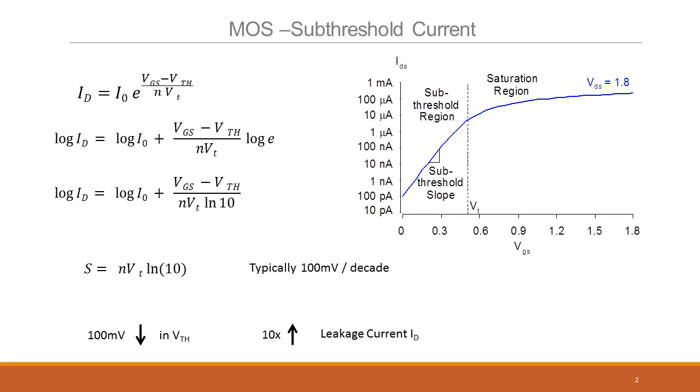So whether it is a problem or not depends on the application the transistor is used in. So this is something you'll have to remember, that VT cannot be aggressively scaled down, because if you do that, your leakage current will increase. And this leakage current is also known as the subthreshold current, depending on whom you talk to.